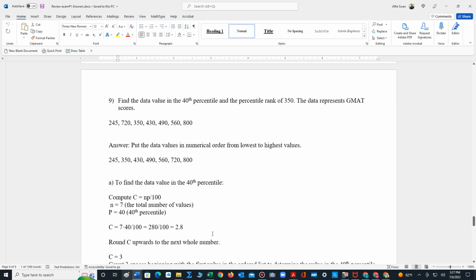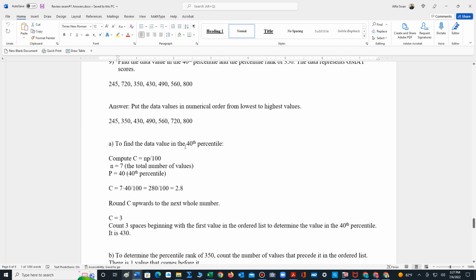For number 9, we're given a set of data. We have to find the data value in the 40th percentile and then the percentile rank of 350. Step 1 is we put all the values in ascending order. If we are given a percentile and we have to find the data value, there's a formula we need to use.